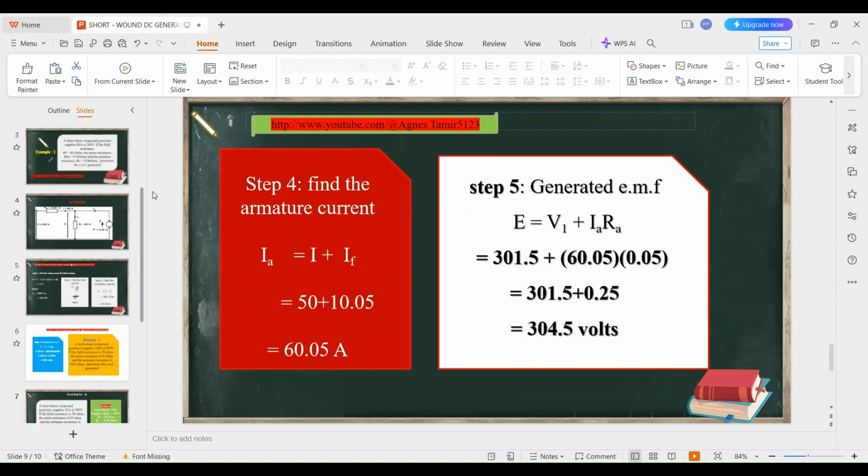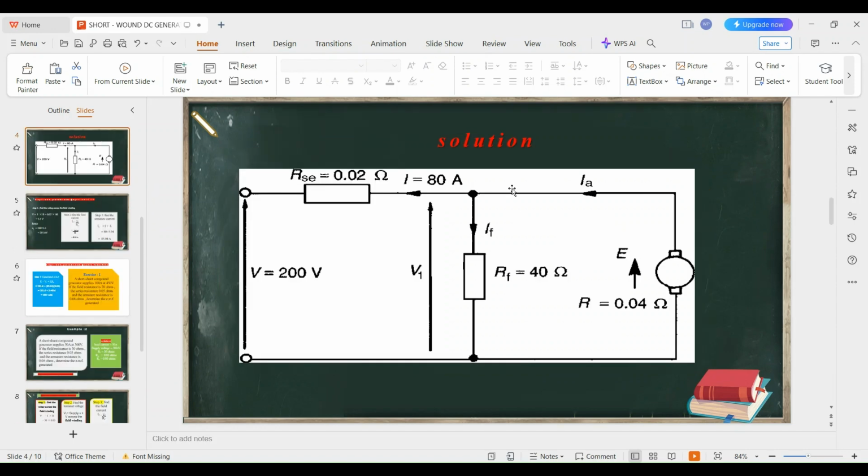using our diagram above. This is our diagram here. We have said that current through the armature is entering the junction, and current IF, that is the field current, is flowing out of the junction. And current through the load also is flowing away from the junction.